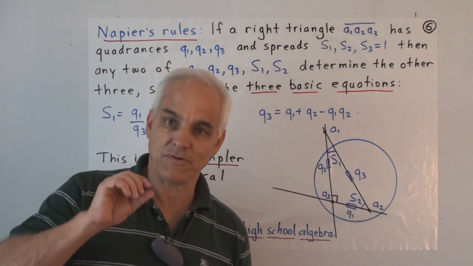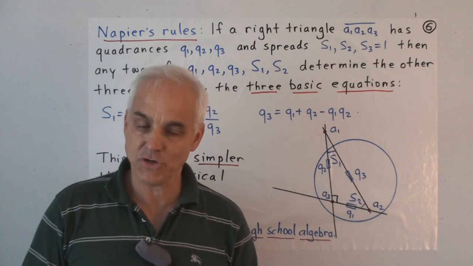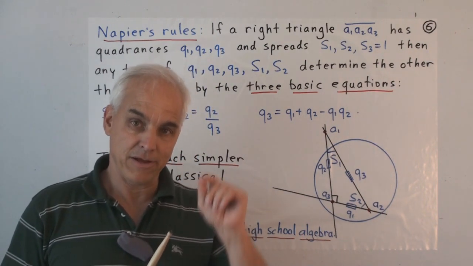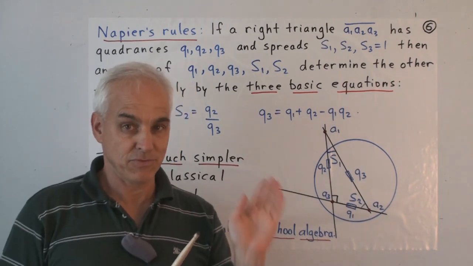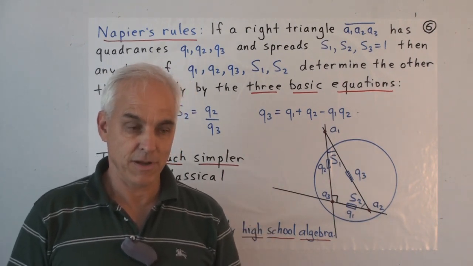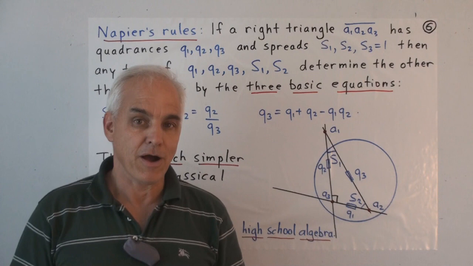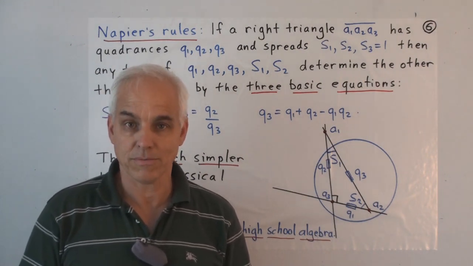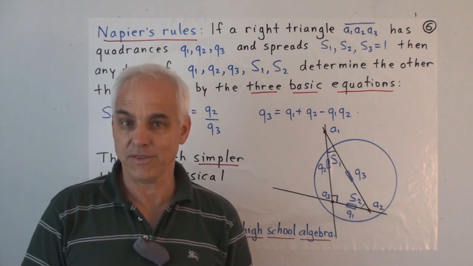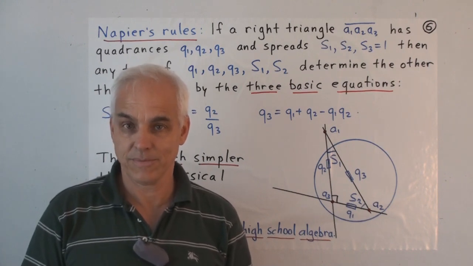So if you're a proponent of classical hyperbolic geometry, you should have a very good look at comparing the Napier's rules that you find in your textbooks with the Napier's rules that I'm presenting here. Right. The ones I'm presenting here are far superior. There's just no reasonable objection, I think, to that statement possible.